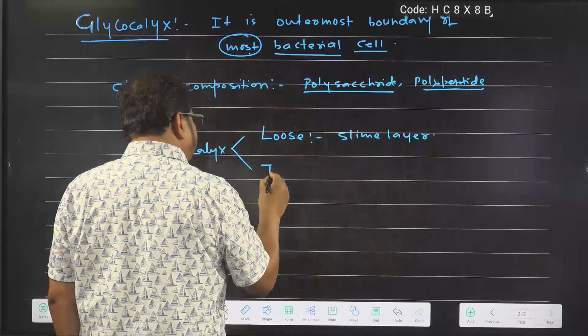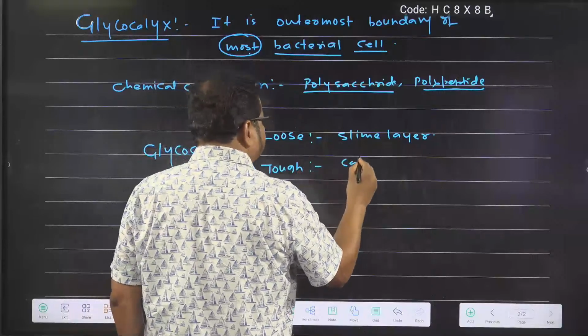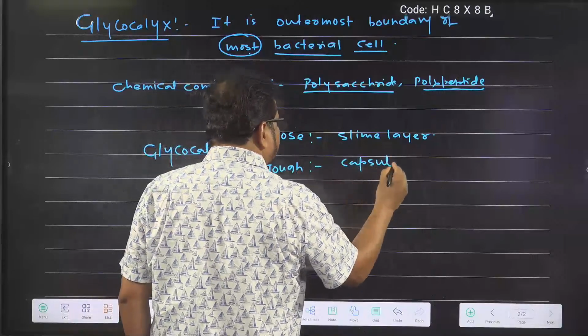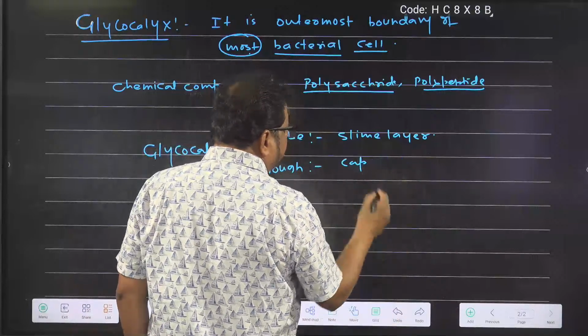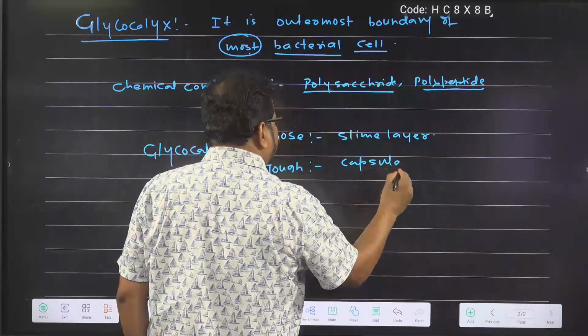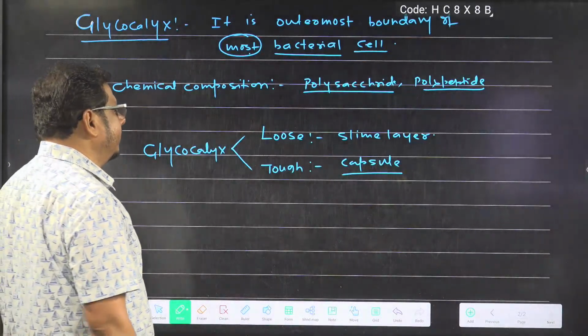And if it is tough, it is called capsule. The bacteria where capsule is there is called capsulated bacteria. Where capsule is not there, called non-capsulated bacteria.